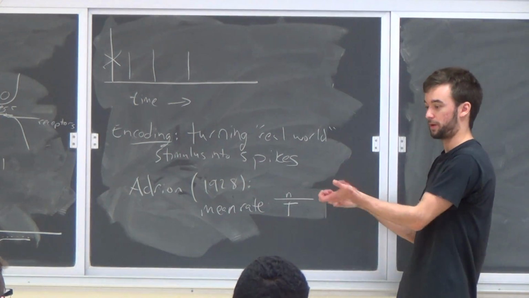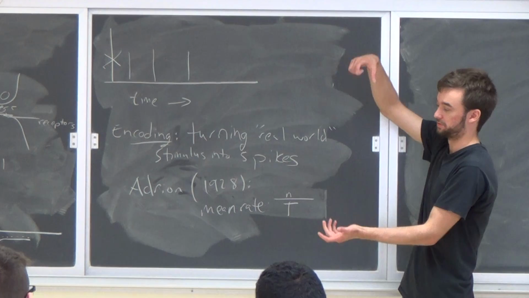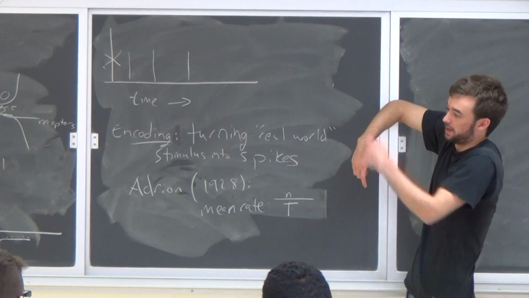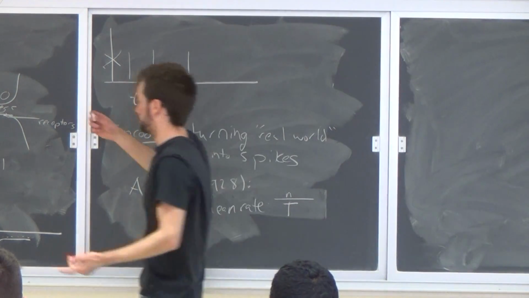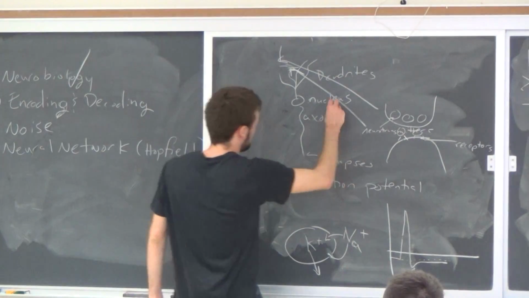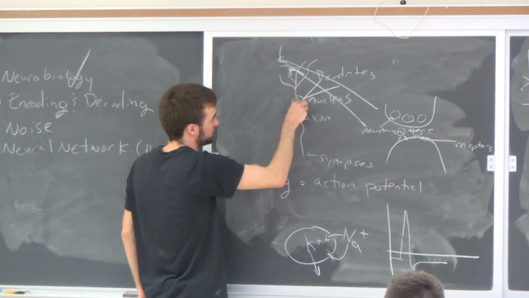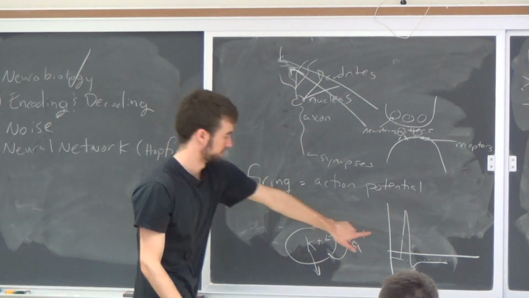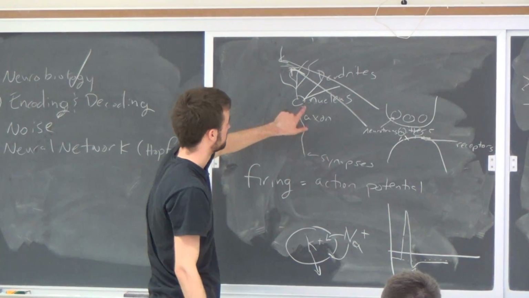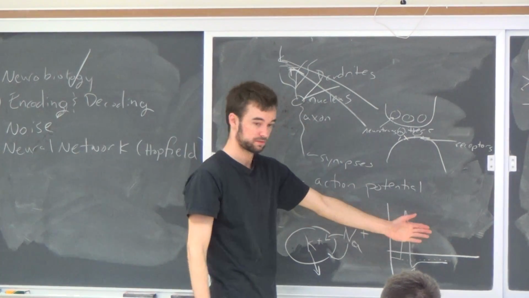He hung different weights from the muscle, and he put an electrode into the brain. An electrode is a little measuring device, and you measure the change in potential. That's how you can actually see when a neuron spikes.